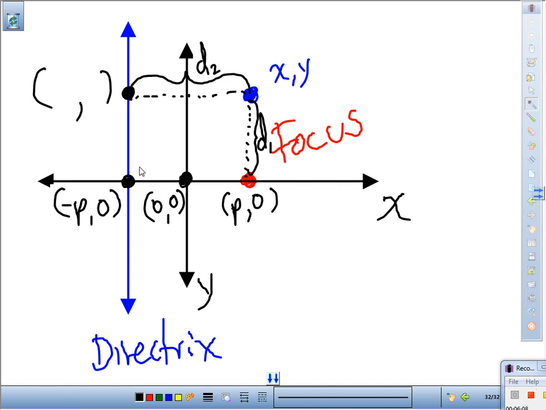Okay, so here's the point of origin, right? For this point, we said (negative p, 0) because the y value didn't move. It stayed on the same spot. But the x value is negative p. So what is the x value for this one? Negative p, all right. We got that far. What goes here? y.